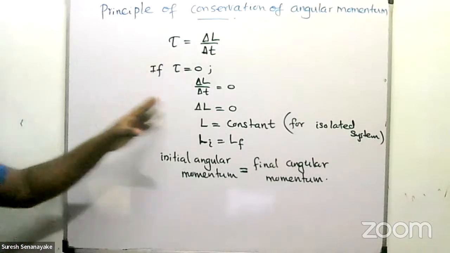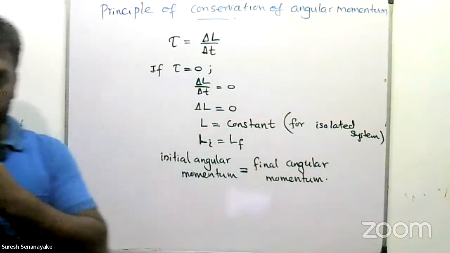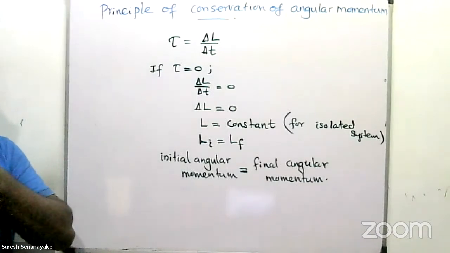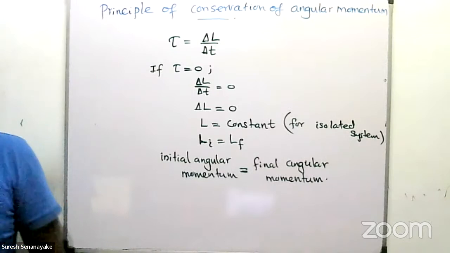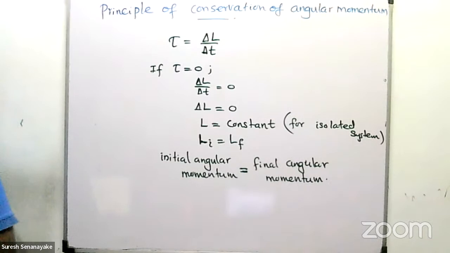If tau equals 0, then the rate of change of angular momentum is 0, so the change in angular momentum is 0, and the angular momentum is constant. That means the initial and final angular momenta are equal.